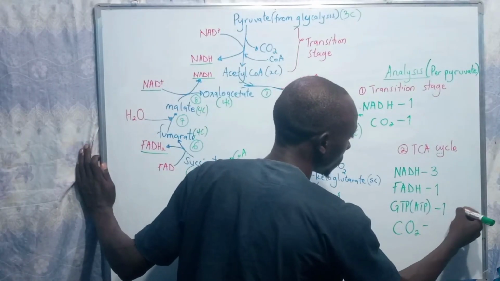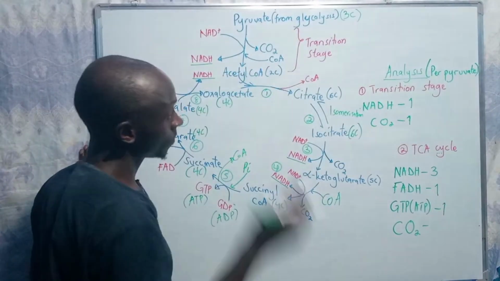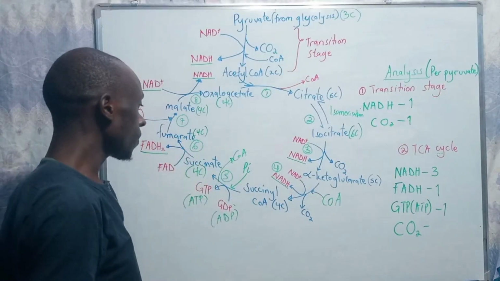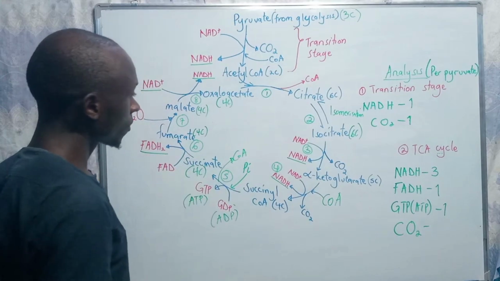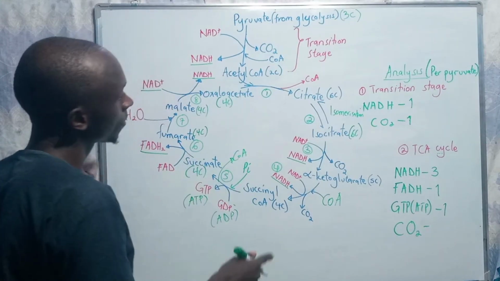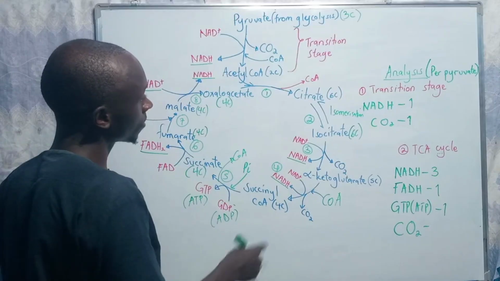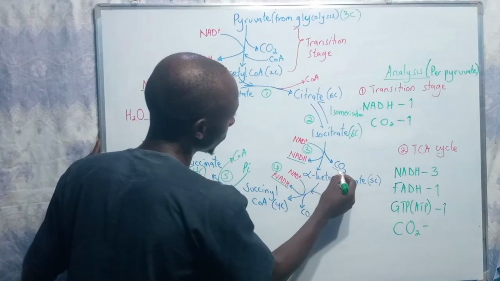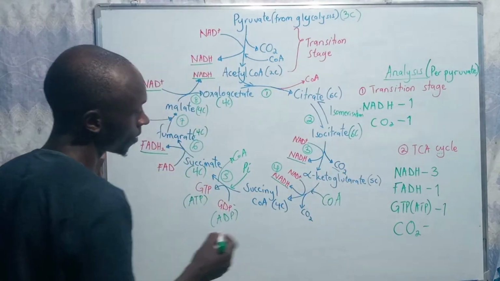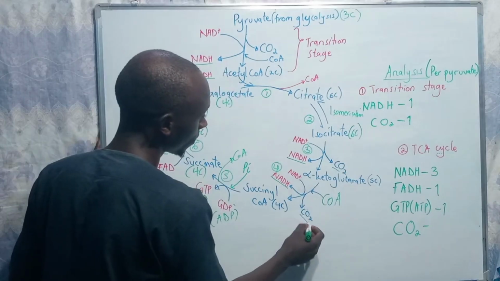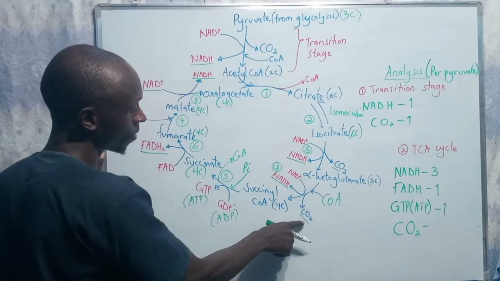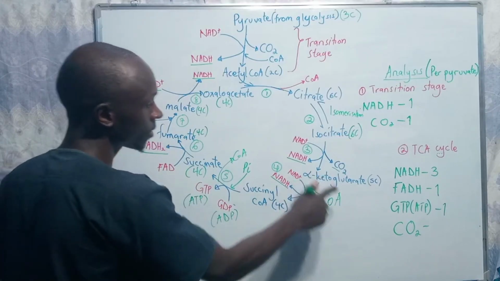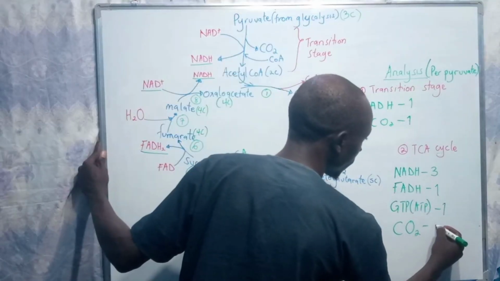So we need 2 molecules of the pyruvate, of course, they are going to be 2. Carbon dioxide molecules, we can count them. We can see where decarboxylation took place. We are seeing in stage number 3, decarboxylation took place there, and then in stage number 4, decarboxylation took place there. So when you count the carbon dioxide molecules, we have 1, and then 2. So we're having 2 of them.